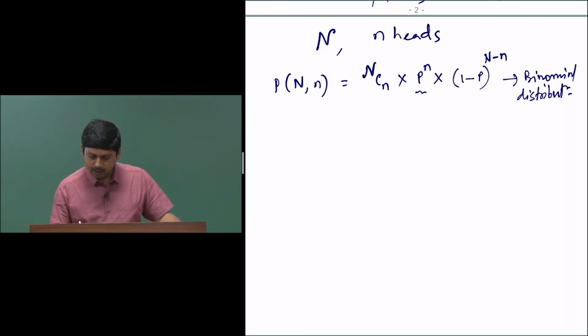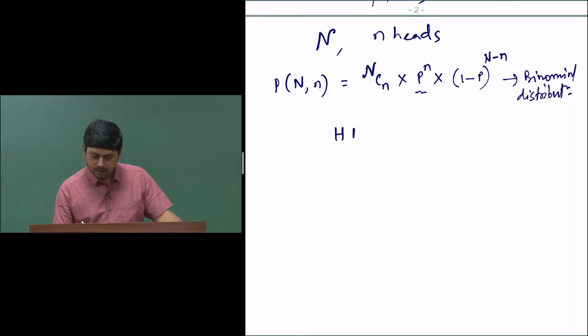For example, if we toss a coin, you can ask the question: in n coin tosses, what is the probability that all of them will be head? That will typically be half to the power n. However, here we are asking a slightly different question. Let us say 4 coin tosses: what is the probability of 2 being head and 2 being tail? That scenario can happen in many different possibilities.